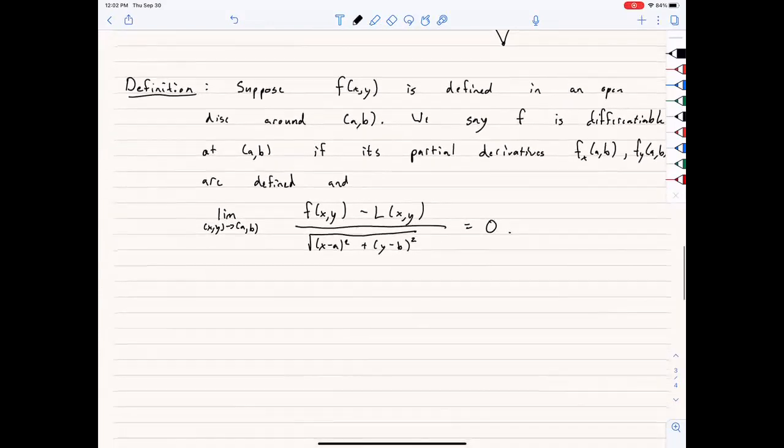Here, of course, L(x, y) is the linear approximation we had above of f at (a, b).